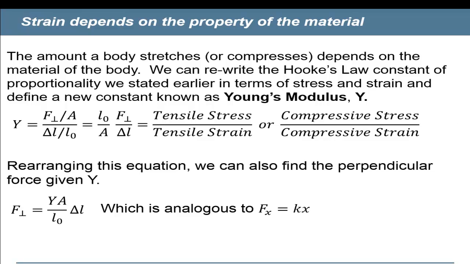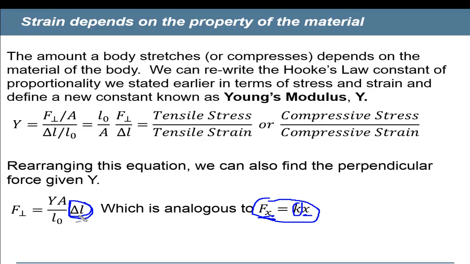This is analogous to, if we consider a delta L, the amount something stretches, Hooke's law, which we saw before, which says the force in the x direction is equal to the displacement times some constant of proportionality, right?